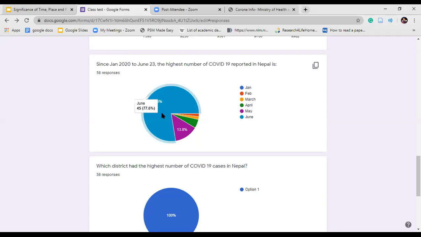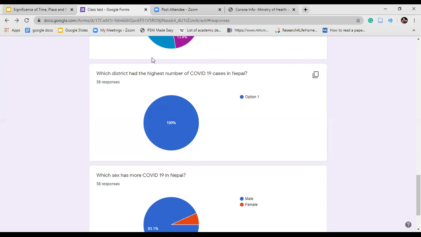Okay, so this is distribution according to time, according to month. Month means time. Another one is distribution according to place: which district had the highest number of COVID-19 cases in Nepal? Oh, sorry, I forgot to put options here.